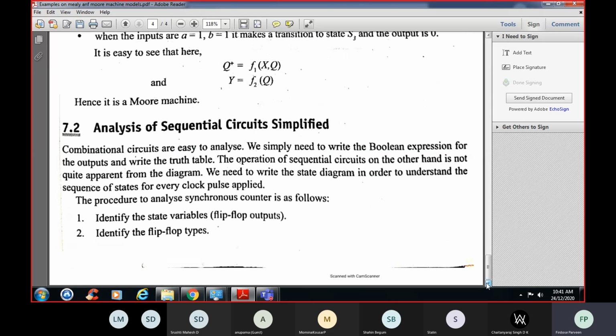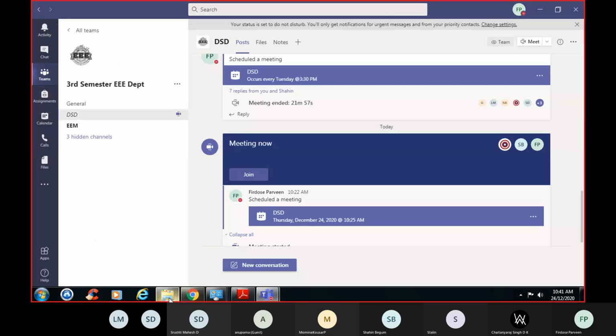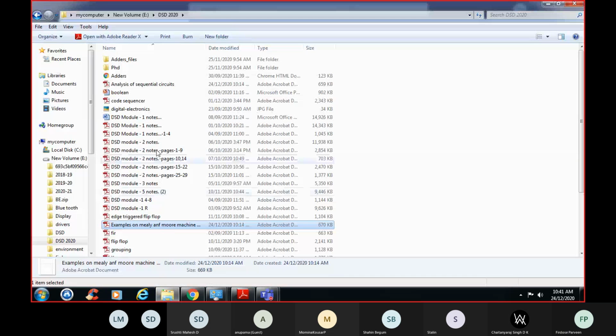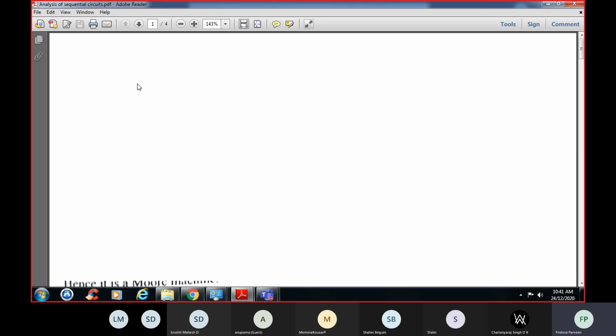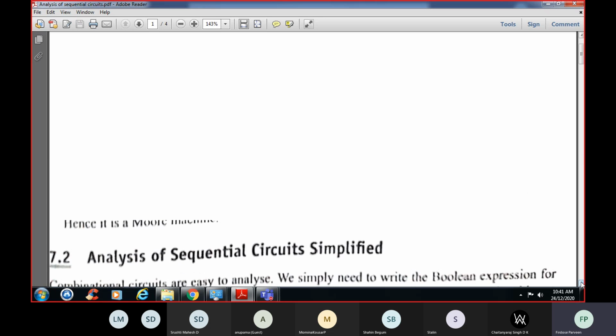Next, coming to the analysis of sequential circuits. So the next topic is analysis of sequential circuits.